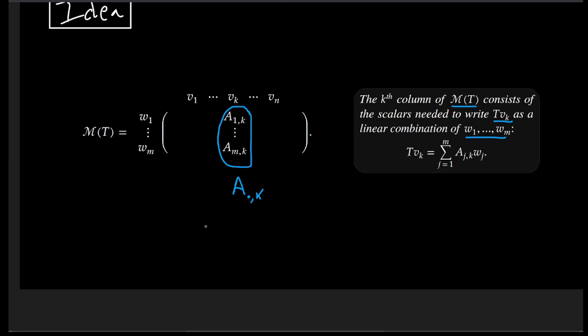But this way you could write your matrix as, for example, A dot comma 1 all the way down to A dot comma K, all the way down to A dot comma, well, how many things are there? N. Okay, so these are the columns, right? You could write your matrix like this.